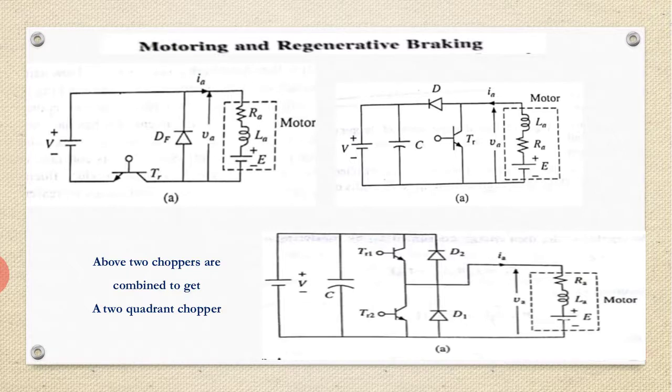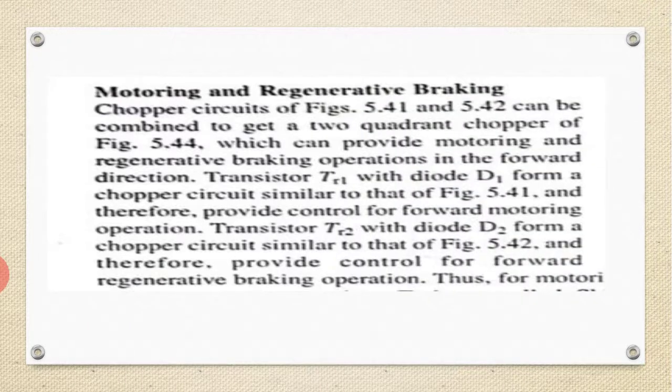Here we obtain, by combining the two circuits, first quadrant motoring operation and second quadrant regenerative operation. So by combining the circuits, we get the two quadrant chopper. As I explained, once again I will repeat here: transistor TR1 and D1 for motoring operation, and transistor TR2 and D2 for regeneration operation, I mean second quadrant operation. Okay, this is the explanation.